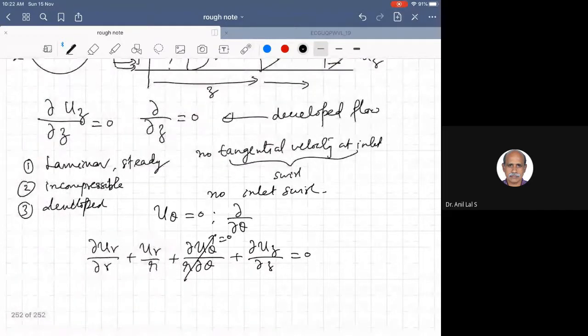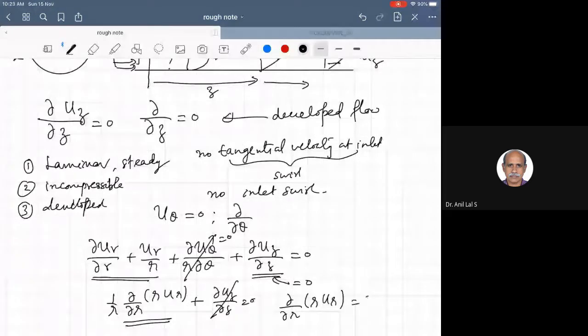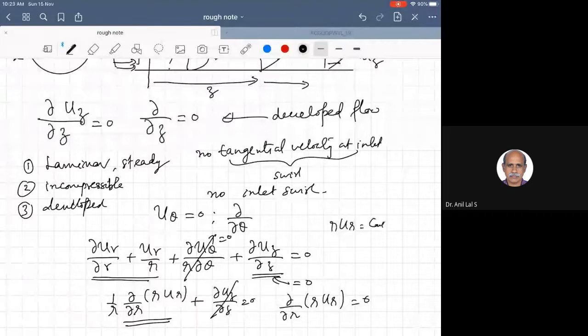And also for developed flow, dou u_z by dou z is equal to 0. So this can be written as 1 by r dou by dou r of r u_r equal to 0. So dou by dou r of r u_r is equal to 0. So r u_r is a constant, or u_r is equal to constant by r.